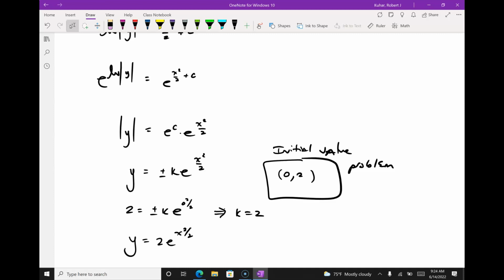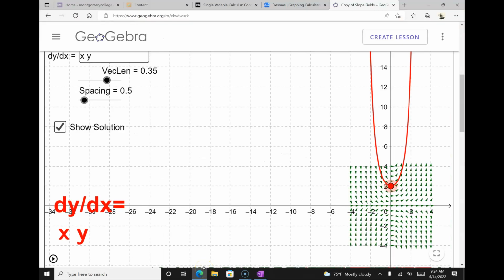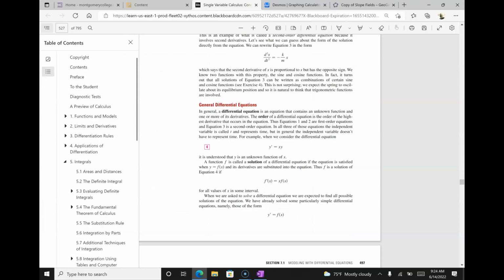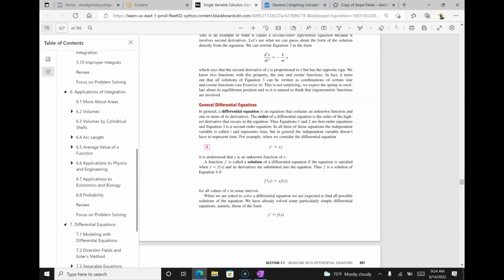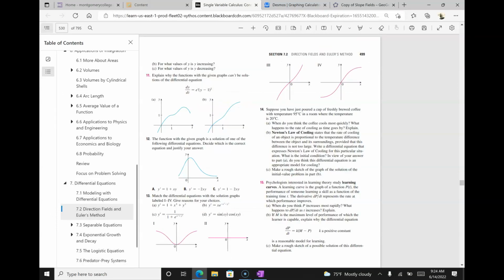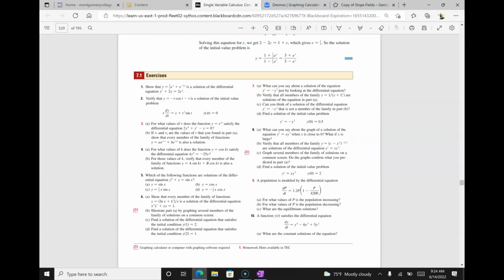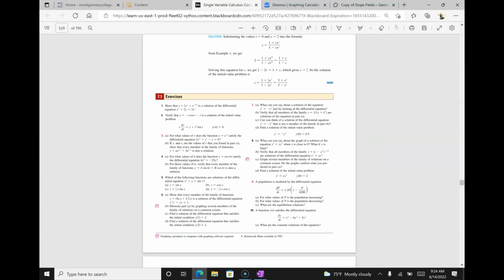All right, let's take a look at a couple of the problems of interest in this section. I'm going right to 7.1. Sometimes we're going to be verifying solutions.